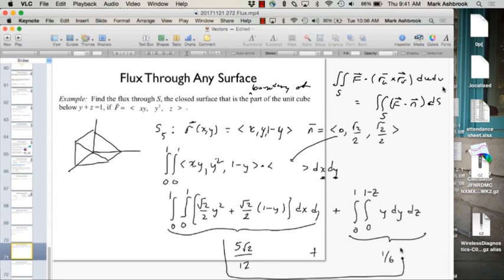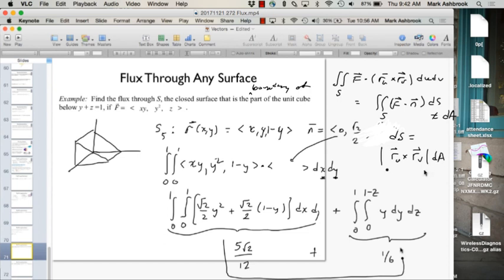dS is not the same as du dv. dS is not equal to dA. And that was our mistake. dS equals, so what does dS equal? dS equals the magnitude of Ru cross Rv dA.